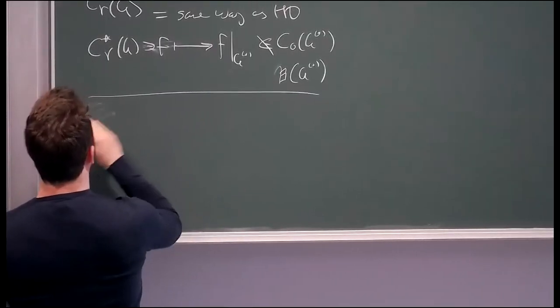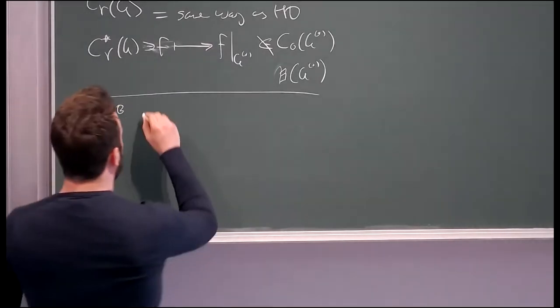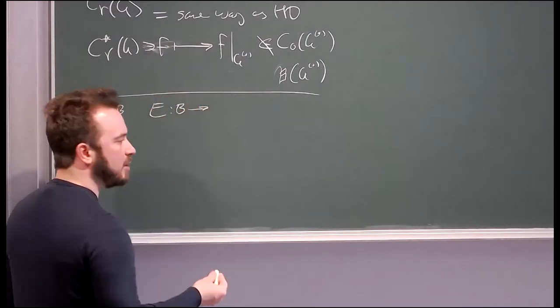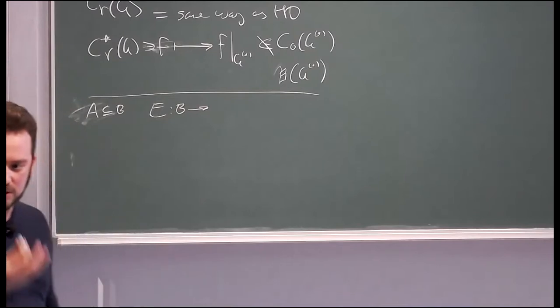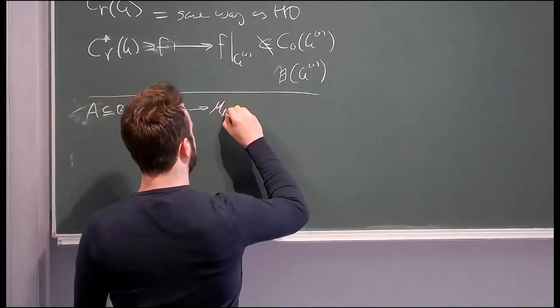If I've got an inclusion of A as a subalgebra of B, my expectation will be a map from B to, typically, if you're doing a genuine expectation, A. What we're doing will not land in A, it will land in what's called the local multiplier algebra of A.